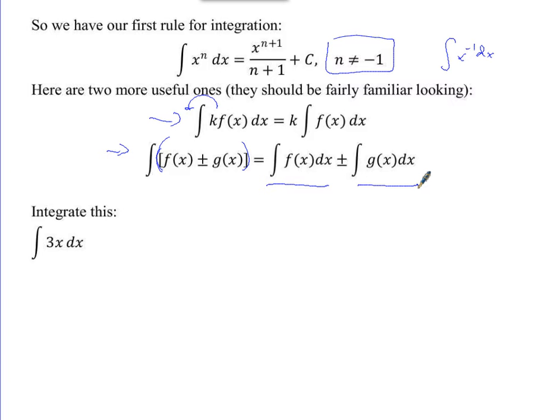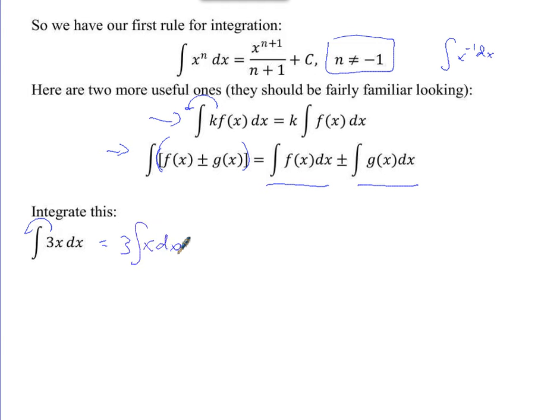So here's a nice imperative statement for you. Integrate this. The integral of 3x dx. Well, I'm going to use the properties that we know, the one that we developed and the two that I just showed you, to rewrite this. That constant can go out front. When it does, I get 3 integral x dx.